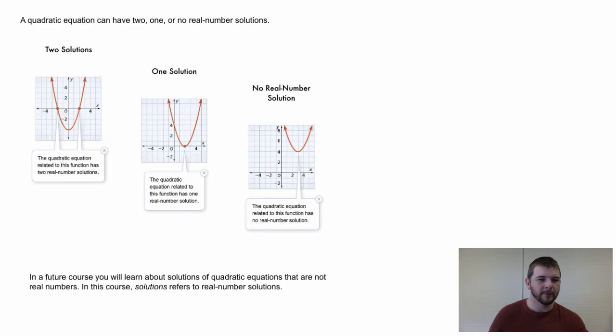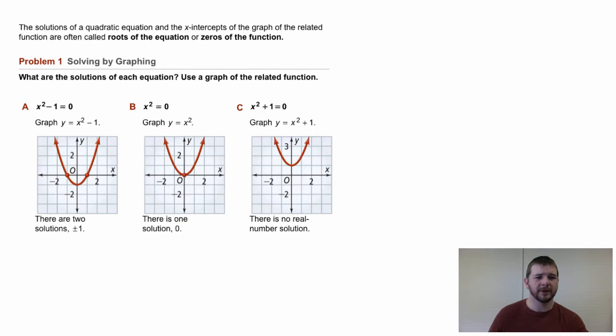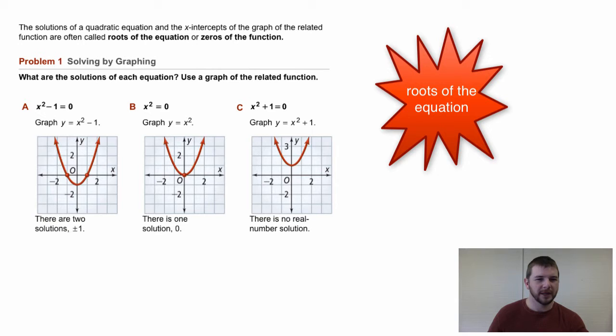These graphs represent quadratic equations that have 2 solutions, 1 solution, or no real solutions, respectively. The solutions of a quadratic equation and the x-intercepts of the graph of the related function are called the roots of the equation or the zeros of the function.